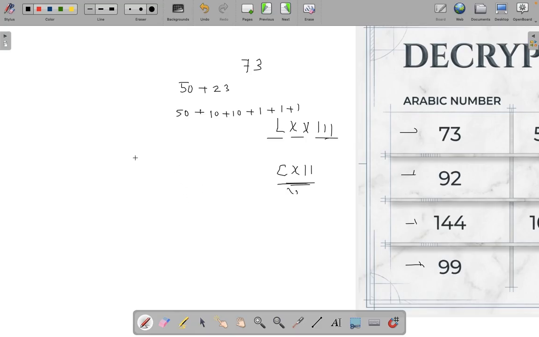So 92, you write as 100 minus 8, because 100 is the number closest to 92. And then 8 you can write as 5 plus 3, because you already know we cannot write 8 as 10 minus 1, as 1 would be repeated. 8 you can write as VIII, right? So you have written C. If you subtract 10 from here, this will become 90.